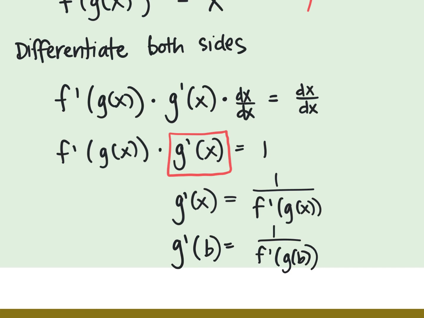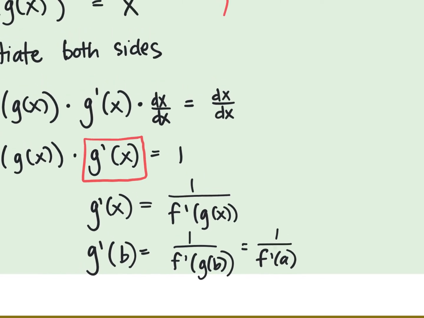What is g of b, which we just defined on our other slide? G prime of b is 1 over f prime of a. Which one's the inverse? The g function. Which one's the original function? The f function. So I want you to hear me. The derivative of an inverse function is 1 over the derivative of the original function.